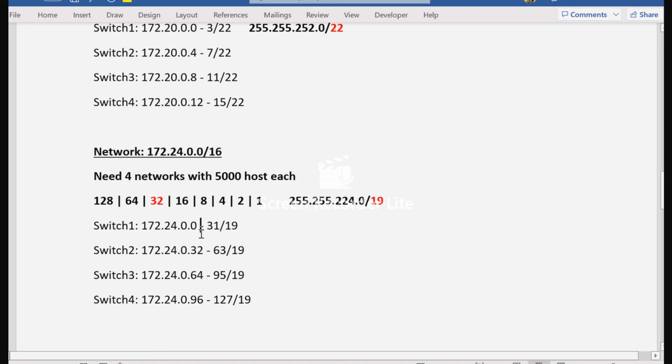And we would have done that for each and every one of these. Now this is a /19, so this would be our subnet mask for this network. Let's move along to the other network.